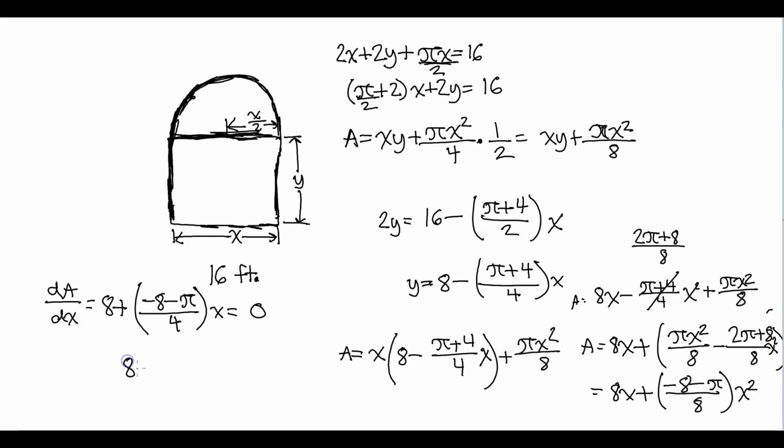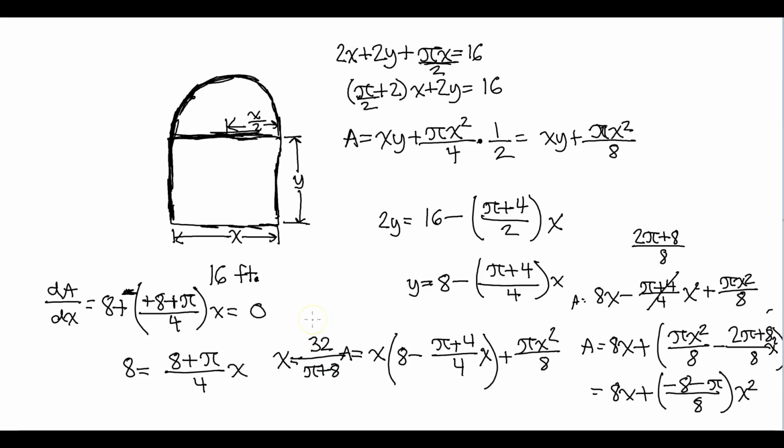Now we have 8 equals, well, if you want to take out this negative sign, you have plus pi plus 8, and that allows us to do 8 plus pi over 4 x. So we have x equals 32 over pi plus 8.